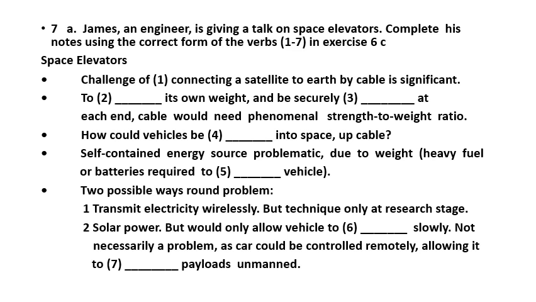Self-contained energy source problematic due to weight, heavy fuel or batteries required to power vehicle. Two possible ways round problem. Transmit electricity wirelessly, but technique only at research stage. Solar power, but would only allow vehicle to ascend slowly. Not necessarily a problem, as car could be controlled remotely, allowing it to transport payloads unmanned. That's right, very good.